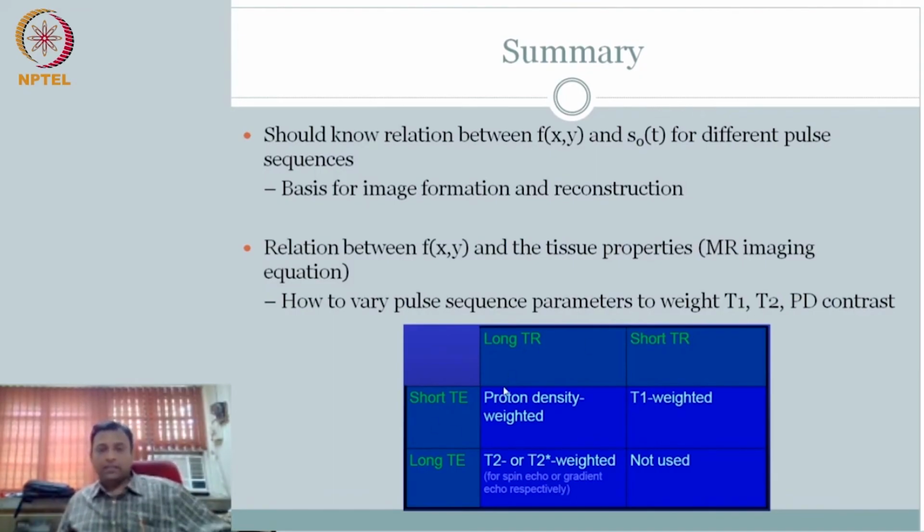So you should understand the combination and how you realize that combination using the pulse sequence diagram, and how you understand from the pulse sequence diagram the Fourier space, how you have traveled it, and therefore your S0 of t.